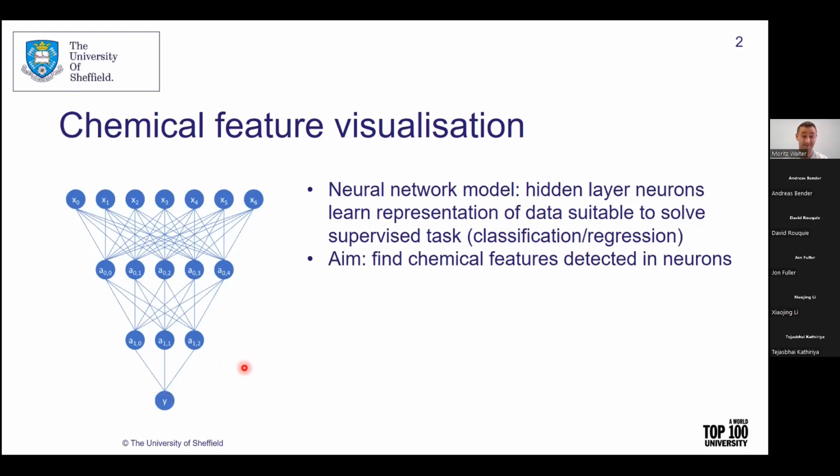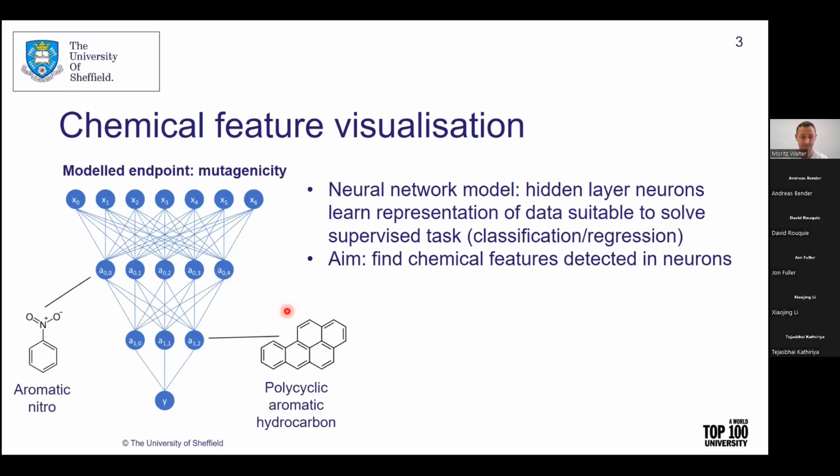And to do that successfully with a neural network, of course, what's going on in the hidden layers, the model needs to extract some chemical features that are meaningful to solve the task in the end. And the goal here, our first goal, was to find what chemical features are learned in these hidden neurons of the neural network.